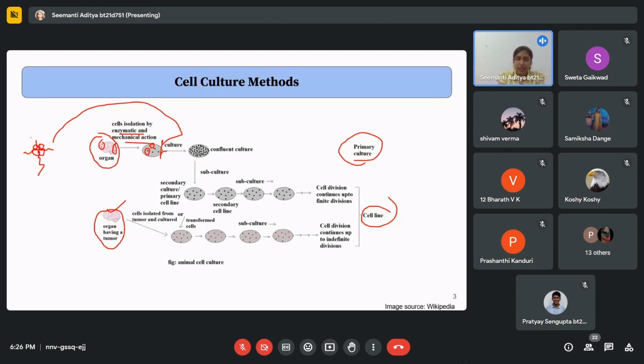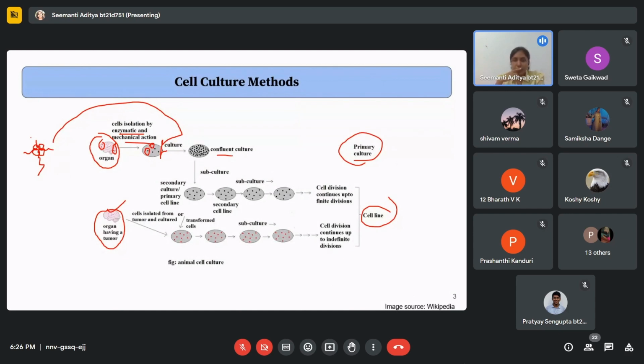Once we get the isolated cells and we allow them to grow, if they can divide, they will become confluent. Confluency is the term for how much of the surface area of the culture vessel the cells are covering.